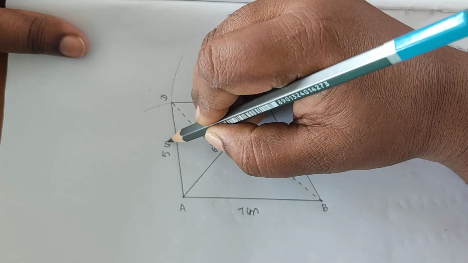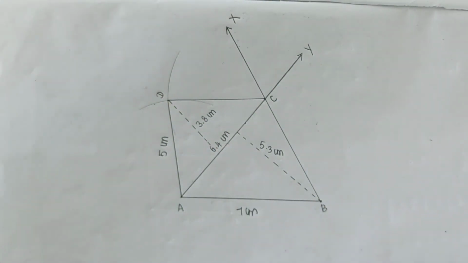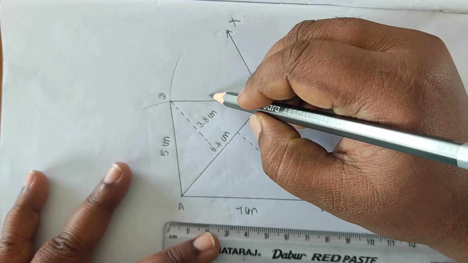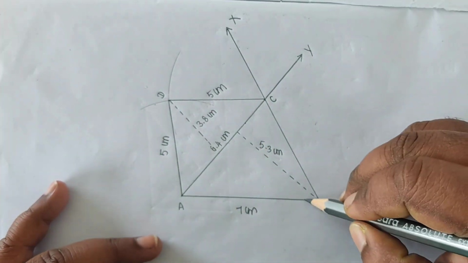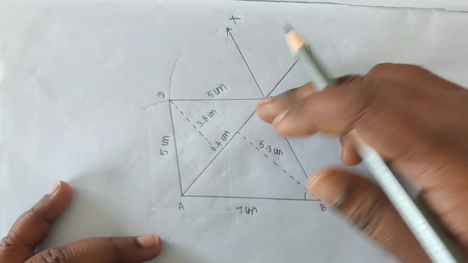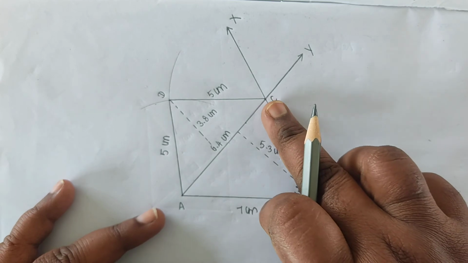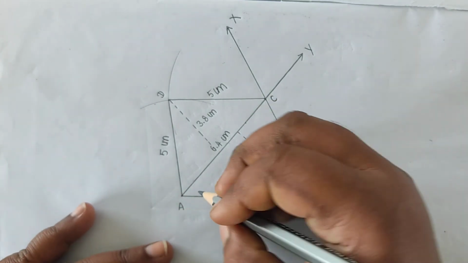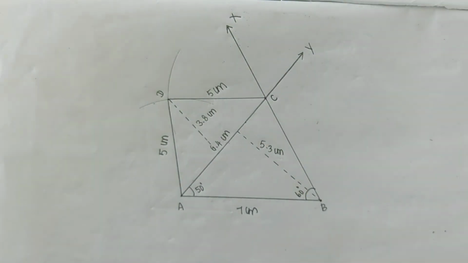So write the measures: AB equal to 7 centimeters, AD equal to 5 centimeters, and CD equal to 5 centimeters. Angle ABC is equal to 60 degrees and angle CAB equal to 50 degrees.